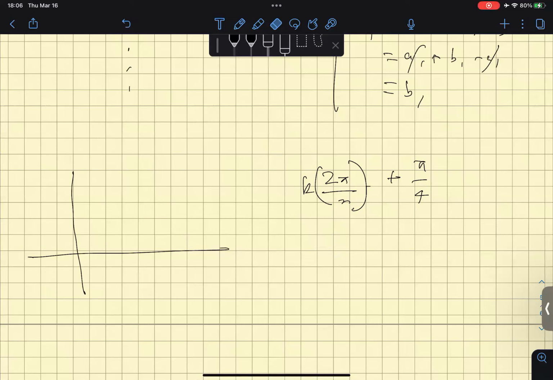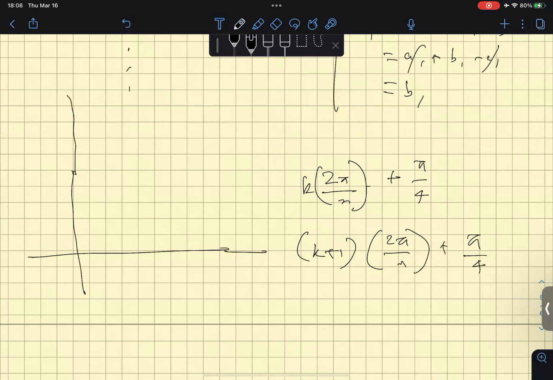So it's this one: k times 2 pi over n plus pi over 4. No, the second point is k plus 1 times 2 pi over n plus pi over 4. Okay, yeah. So k plus 1 times 2 pi over n plus pi over 4.